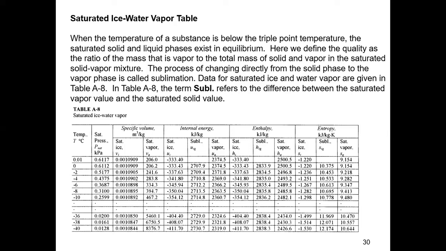The process of changing directly from the solid phase to the vapor phase is called sublimation. No liquid in between, just directly going from solid to vapor phase. Data for saturated ice and water vapor are given in table A-8. In table A-8, the term subl refers to the difference between the saturated vapor value and the saturated solid value.